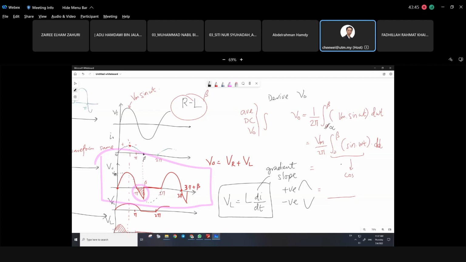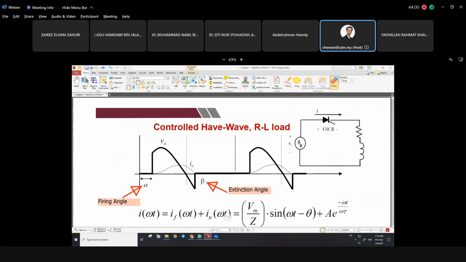The rest is still the same. So then here becomes alpha, and you continue until you get the output equation, which is slightly different compared to this one, because the starting point already changed. So you expect a different equation.